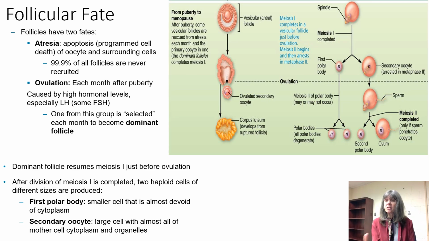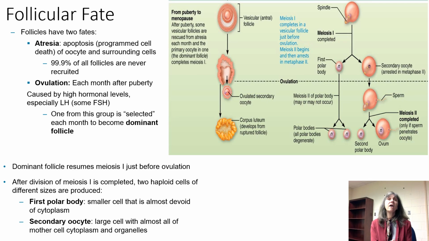So those cells will undergo apoptosis or programmed cell death, and even before puberty, approximately half of all of the primordial follicles that were initially created and with which the female was born are going to undergo atresia even before puberty. During the rest of the female's reproductive lifespan, those primordial follicles are going to slowly continue to undergo atresia.